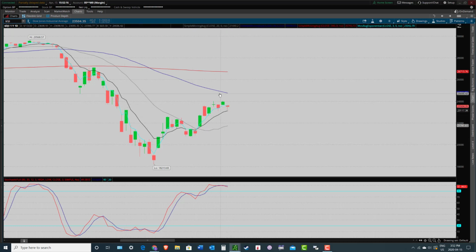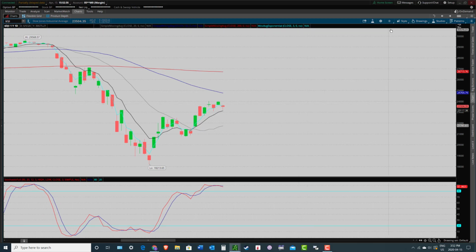Nice three-wave rally. Technicals are bearish. We're in a downtrend here on the overall daily chart and the weekly chart. And obviously we're overbought here on this oscillator. It's the same setup here on the Dow, so not much to mention about it.